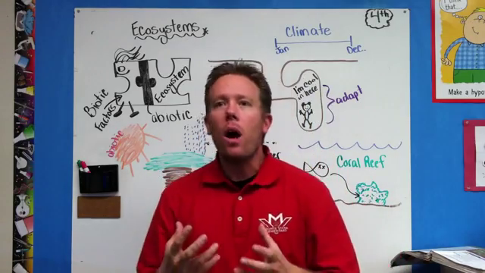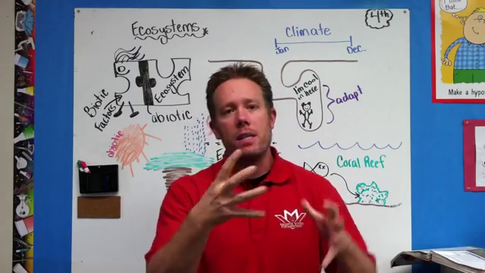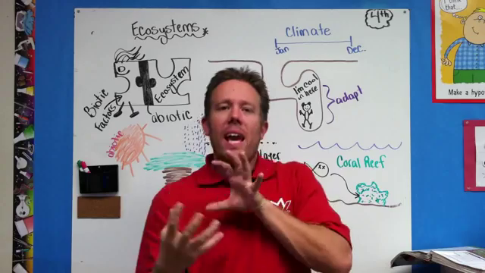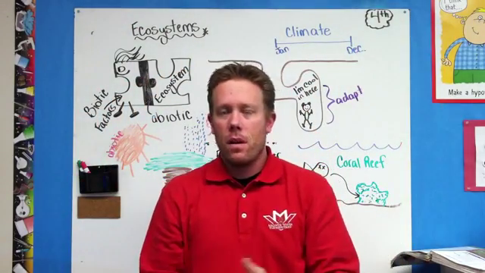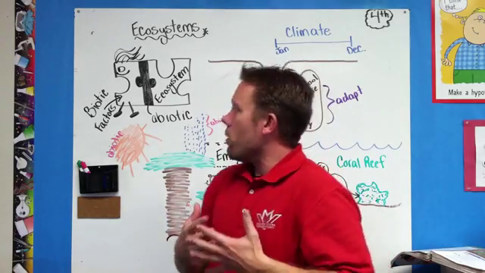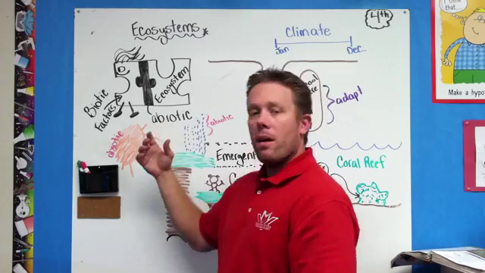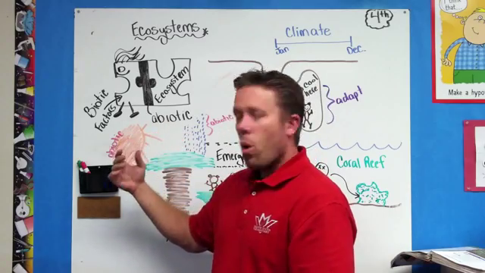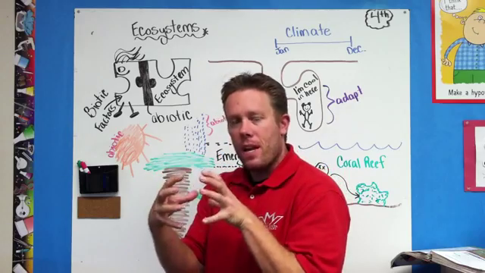Ecosystems basically are living and non-living things that interact and work together in an environment. Okay, now like I said before, an ecosystem could be made up of living or non-living factors that work together in an environment.